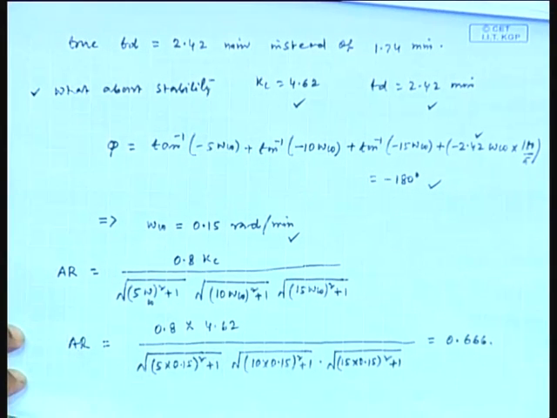This is the amplitude ratio value considering Td equals 2.42.